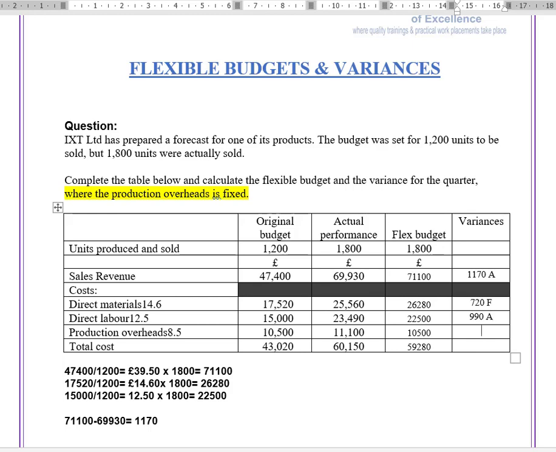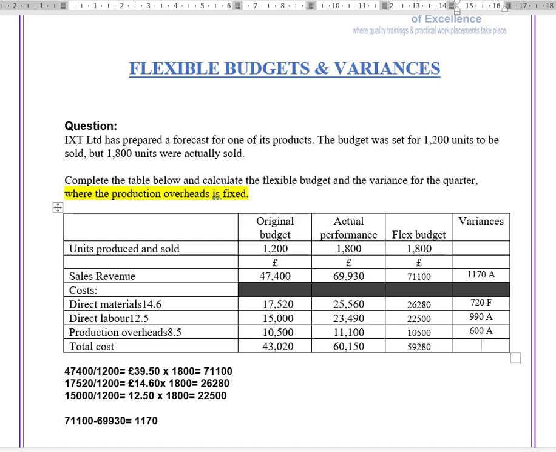You were supposed to spend £22,500 on labor, but you spent £23,490, and that was spent too much, or a little too much. Not good, an adverse variance. And exactly the same thing with your overheads.